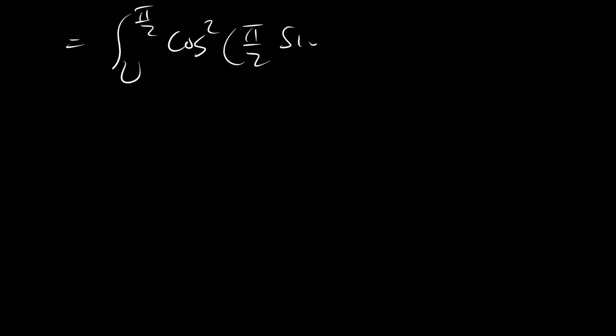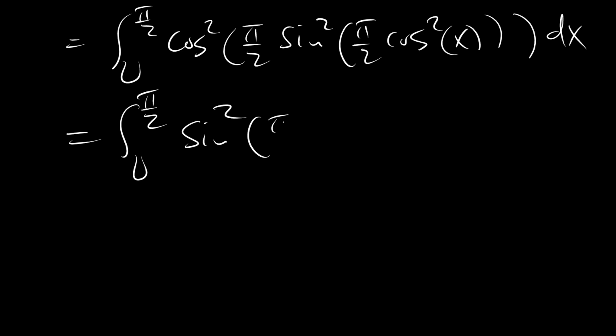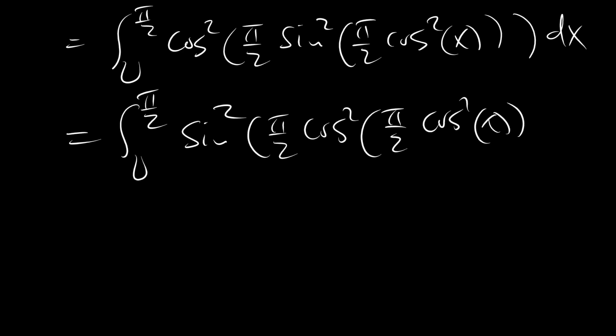Okay, so our problem from 0 to pi over 2 has become cosine squared pi over 2 sine squared pi over 2 cosine squared. And this propagates, you can just clearly see that this quickly becomes sine squared pi over 2 cosine squared pi over 2 cosine squared x, right?